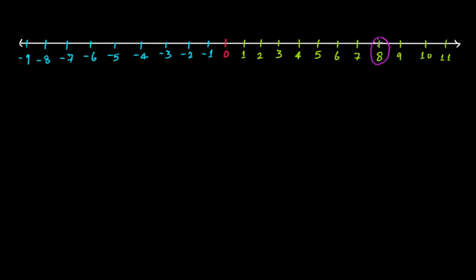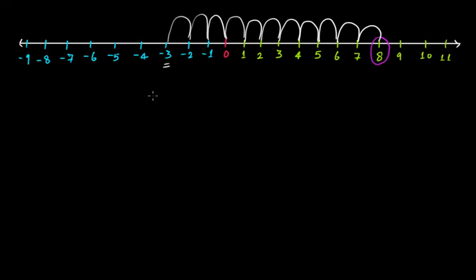So start. 1, 2, 3, 4, 5, 6, 7, 8, 9, 10, and 11. So where did you come? You are at -3. You started from 8, it was asked to you to move towards the left, and you took 11 steps towards the left and you reached -3.